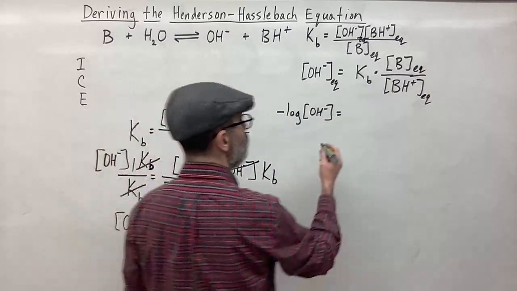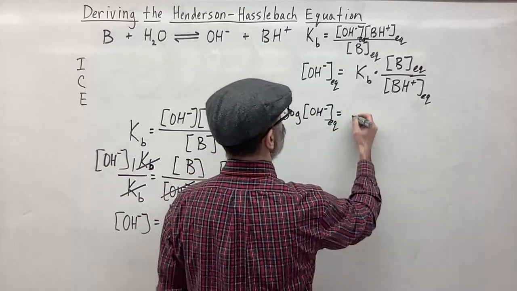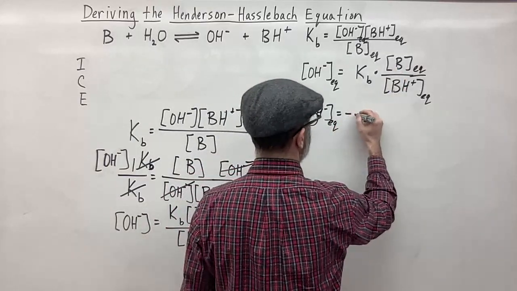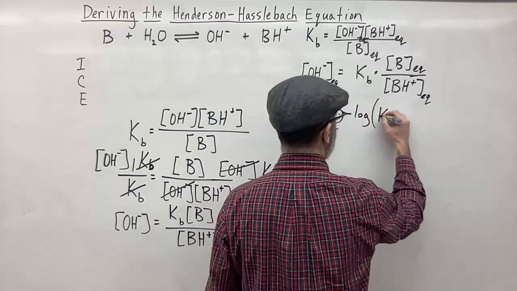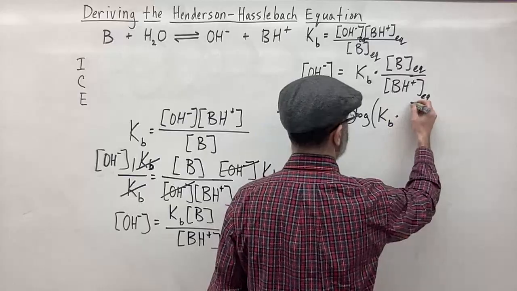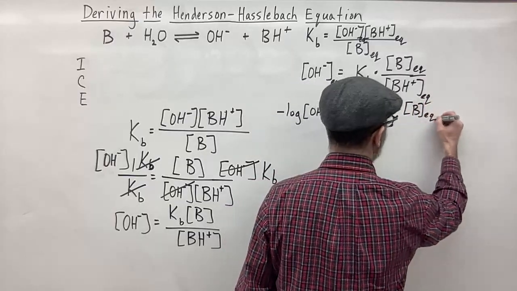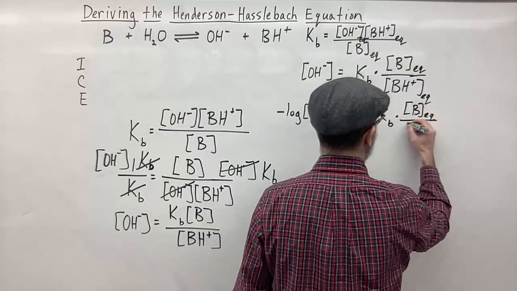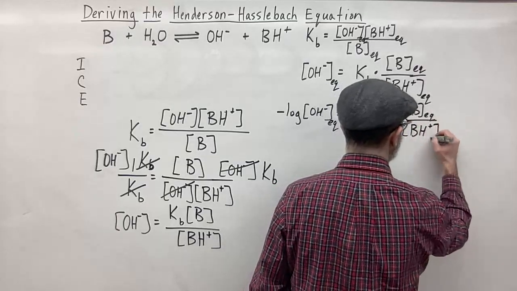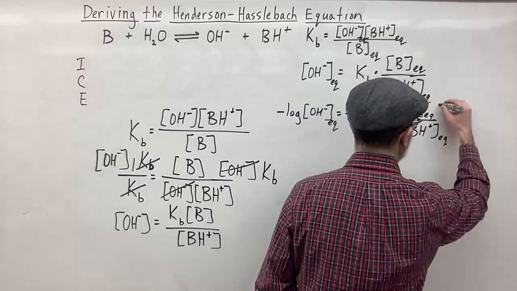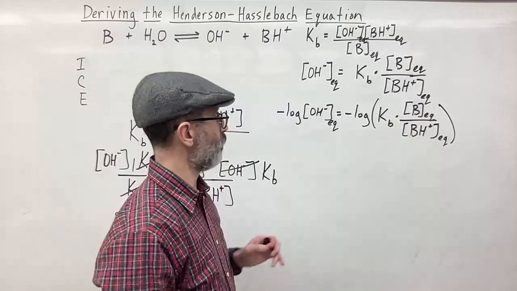So then this at equilibrium is equal to the negative log of Kb times the concentration of B at equilibrium over the concentration of BH plus at equilibrium. Okay, so very familiar as we saw before.